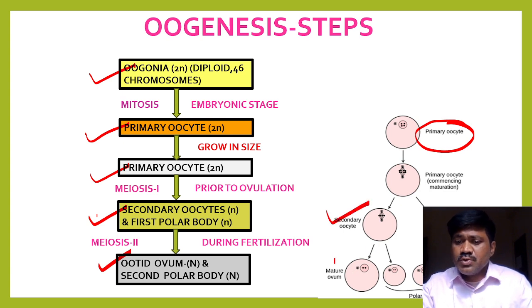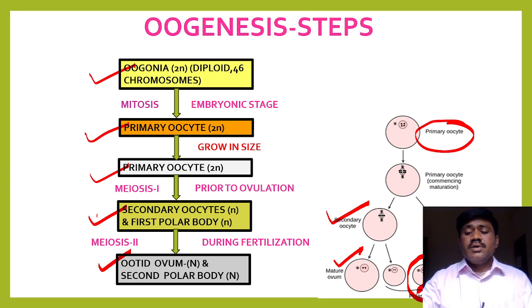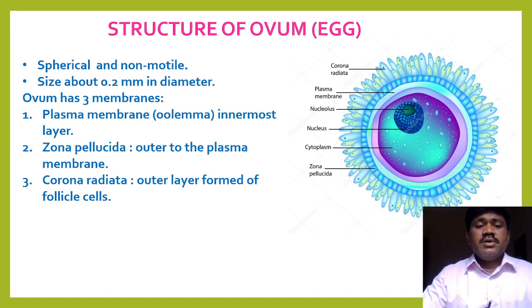Then the secondary oocyte gives a mature ovum and another polar body, and the first polar body may divide into polar bodies or it may degenerate.